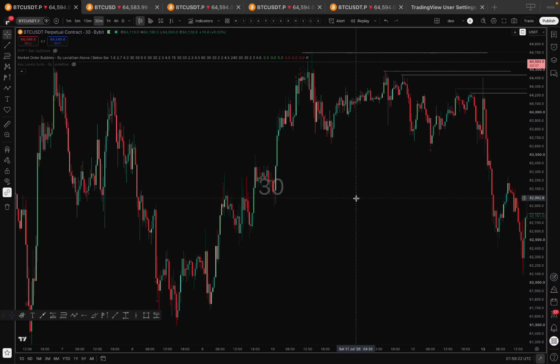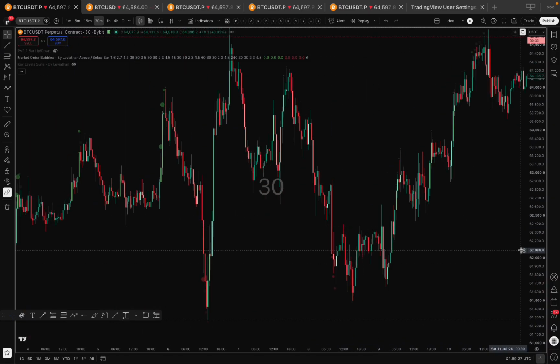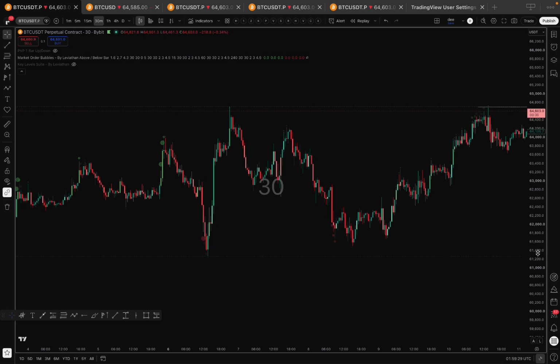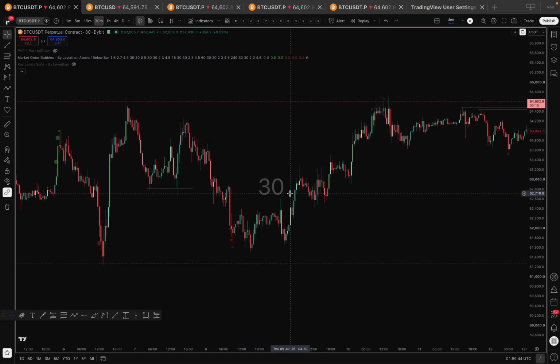Now let's see if I can get a good example for lows. I'm not sure I can, but let's use this. Now this is a low, right? A series of internal lows, and this is a low too, and this is the external low, and this is the internal low. So external liquidity, internal liquidity.